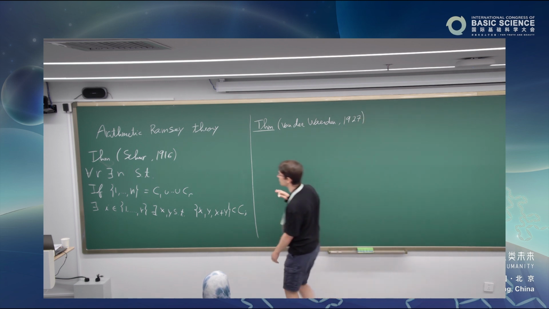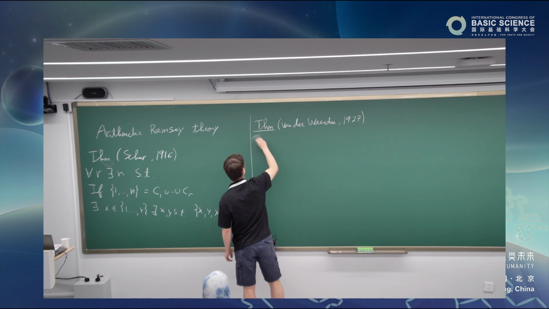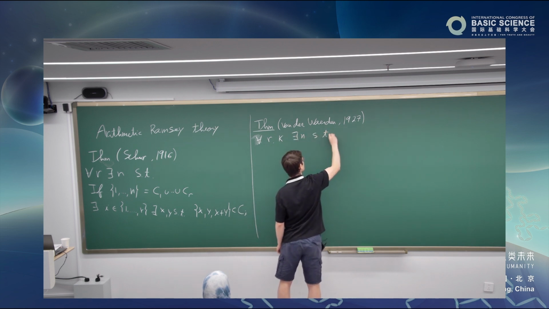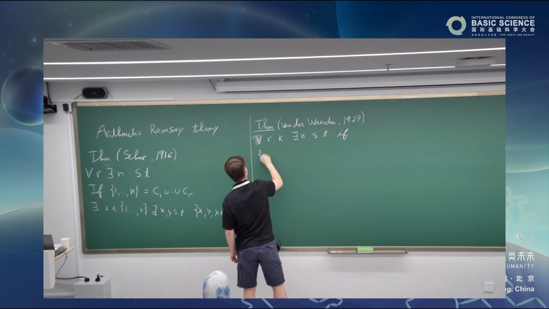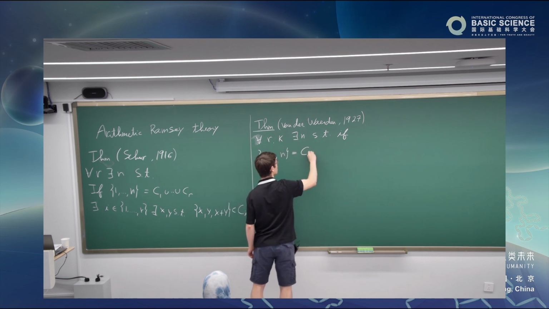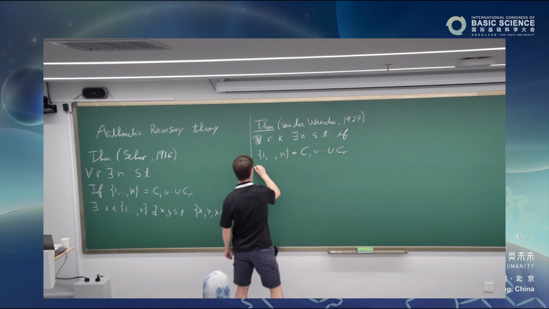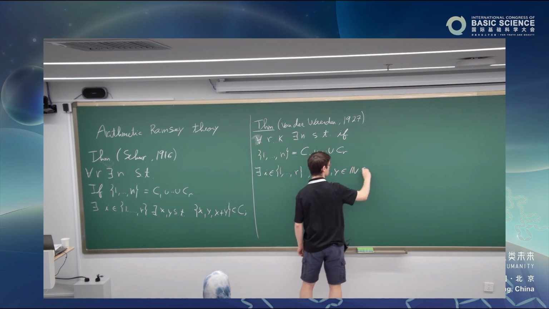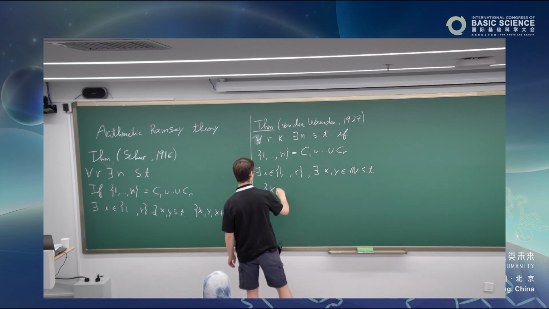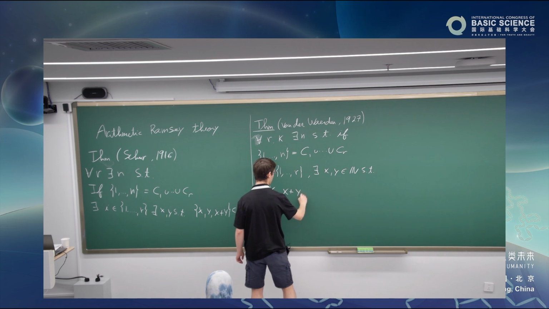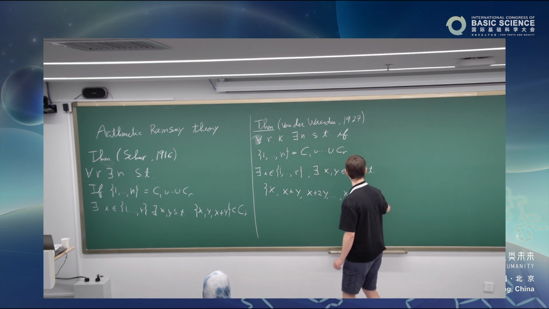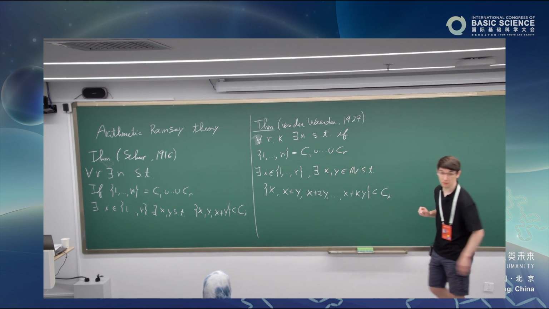He showed that if we do the same thing, for any r, and in this case for any k as well, there is some n such that if we color the first n natural numbers with r colors, then there is some color Ci and some x and y such that the arithmetic progression x plus y, x plus 2y, ..., x plus ky is entirely contained in the color Ci.